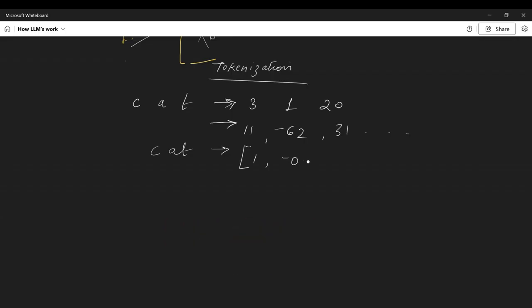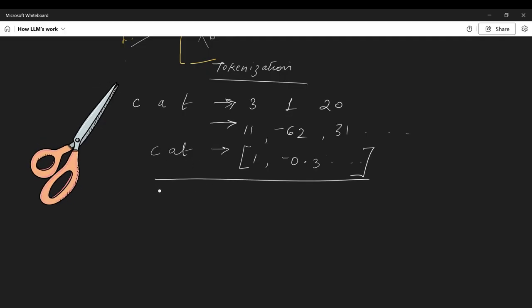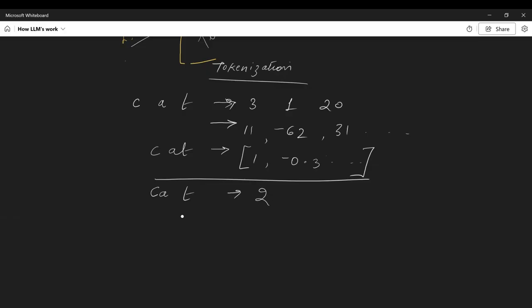So this tokenization, this process of dividing these letters and giving them numbers, the more you cut down the word, like C, A, and T, suppose I only give two tokens, but if I give C, A, T, I can give three tokens.